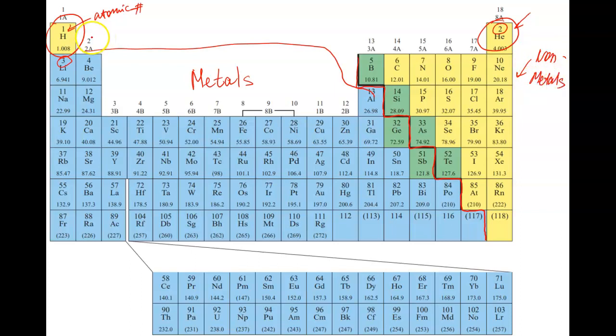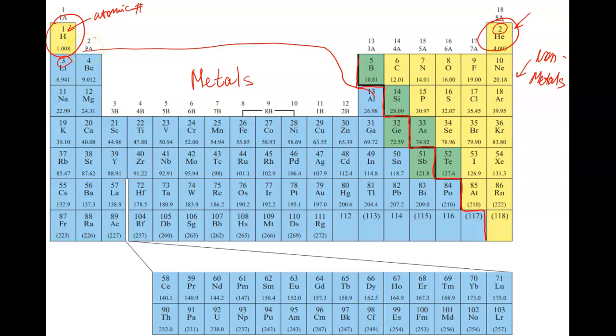And hydrogen too. Hydrogen is a non-metal too. So, to the left of the staircase are metals, except for hydrogen. To the right, non-metals. And I can repeat that hydrogen is a non-metal too.